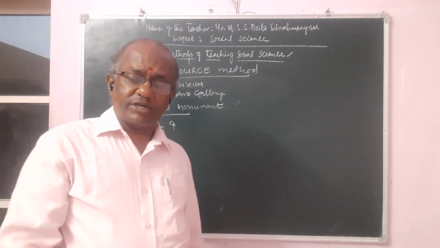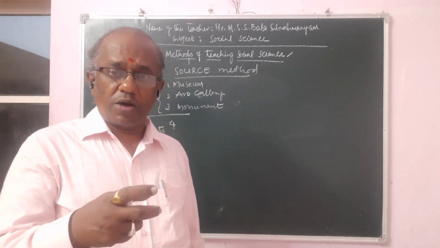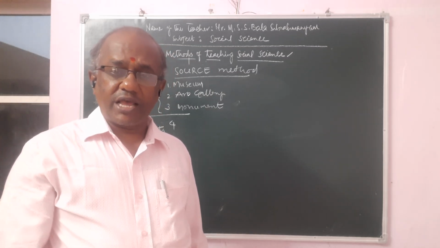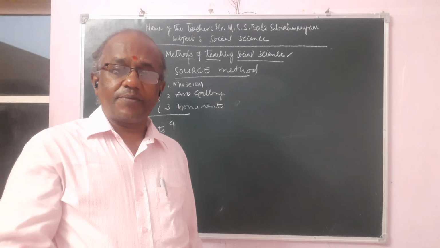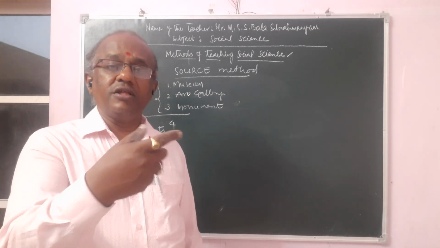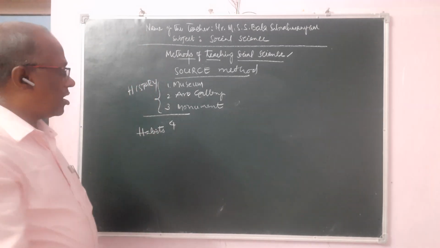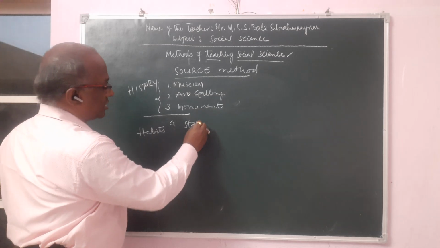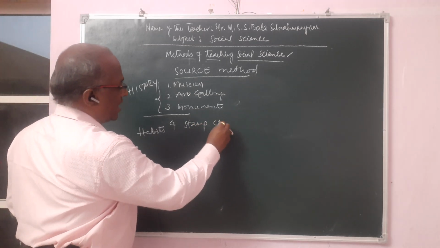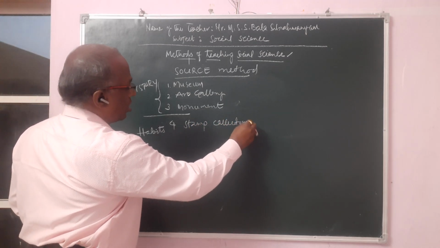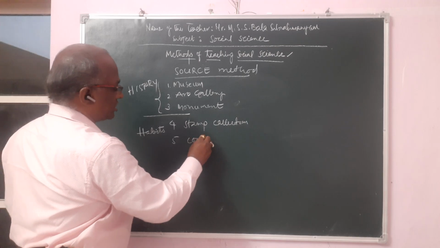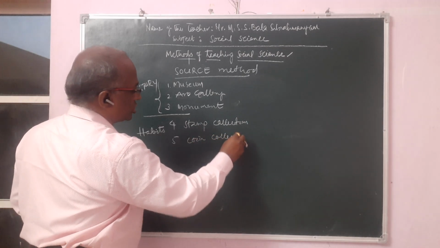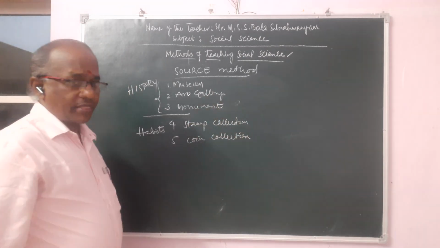Students may have some hobbies or habits, because they imitate their parents or grandparents and follow some habits. Some students may have stamp collection as a hobby, and some students may have coin collection as a hobby.